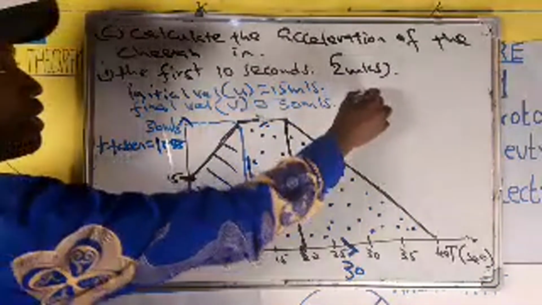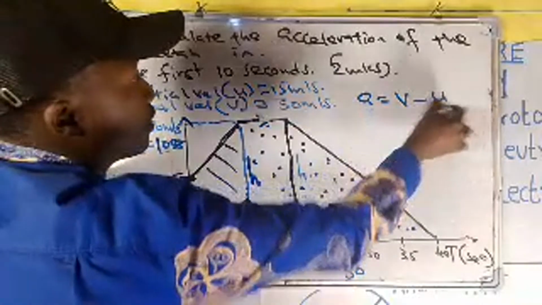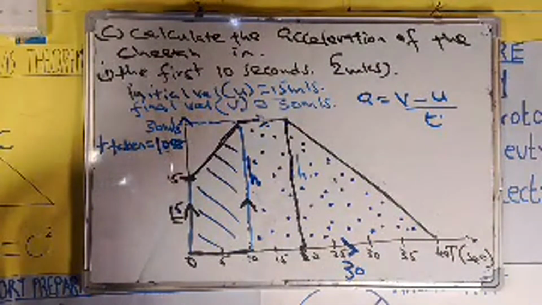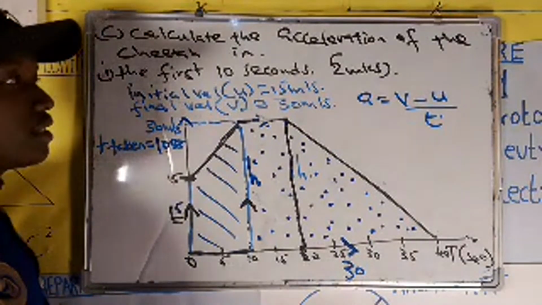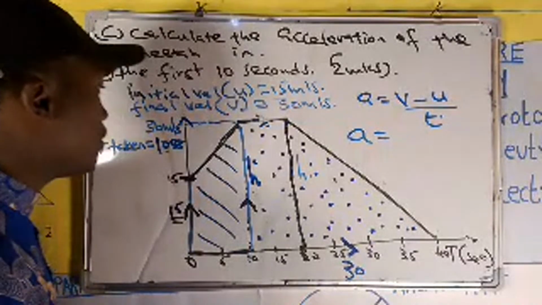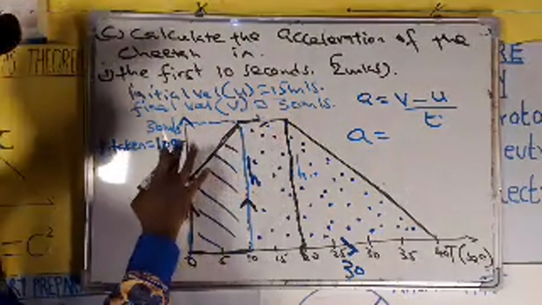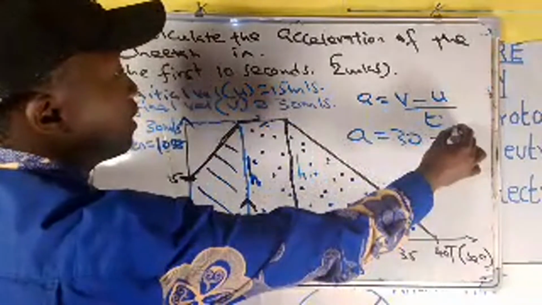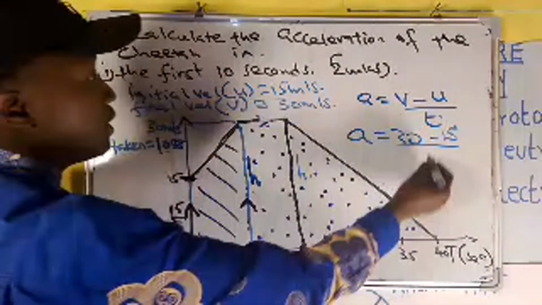So how do we find acceleration? It is v minus u over t. Final velocity minus initial velocity over time taken. So our acceleration will be equivalent to, our final velocity is 30, our initial velocity is 15, then we divide by time taken, which is 10.